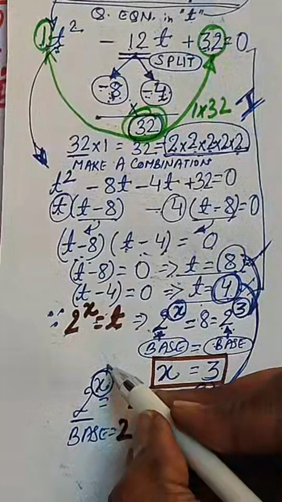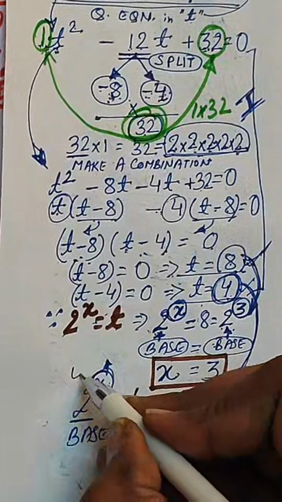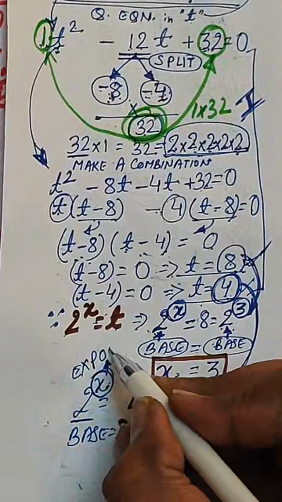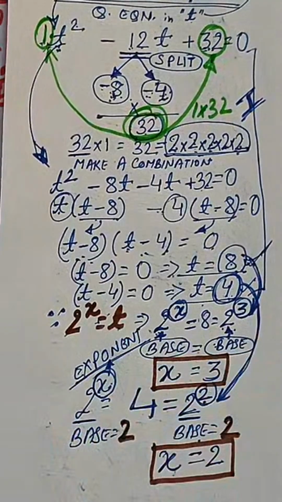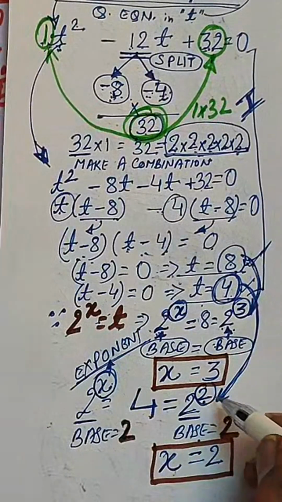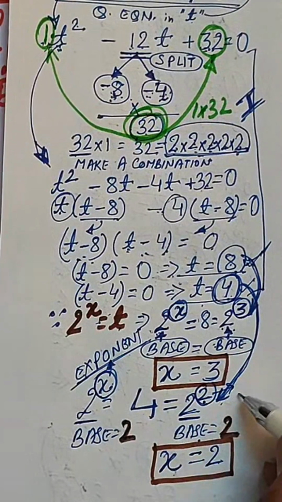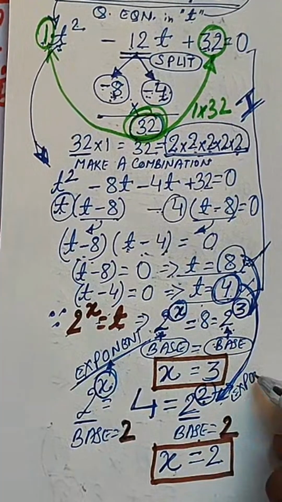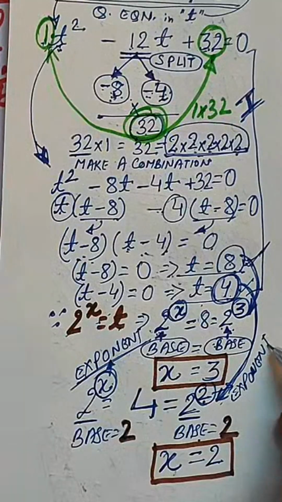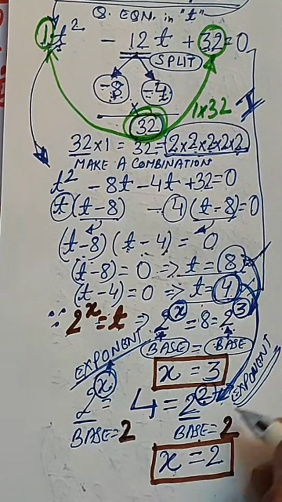So I'm writing it, x here is an exponent, right? And here 2 is the exponent, right?